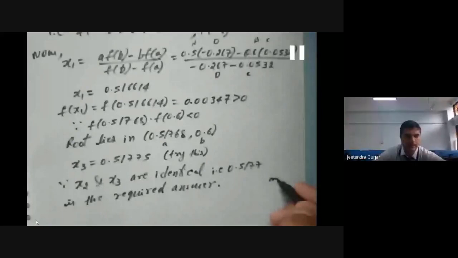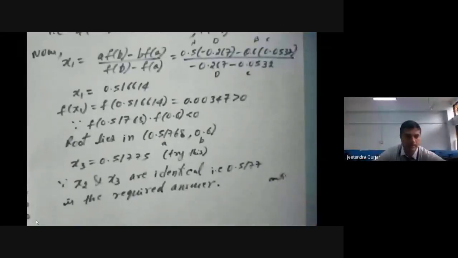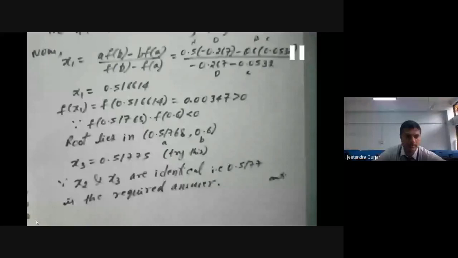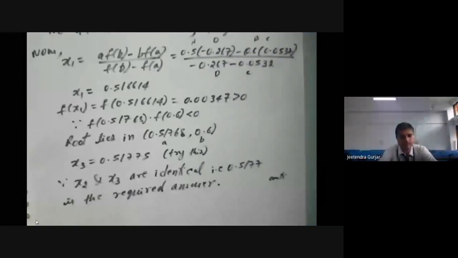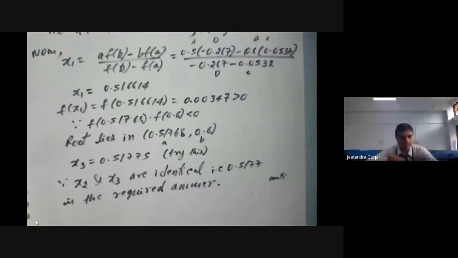So will you try to calculate it? If you get the correct answer, finish. Try to get x3. I have just misplaced x1, x2. I have not written it. Sorry. Sir, x2 is not there. Just misplaced x1 and x2.